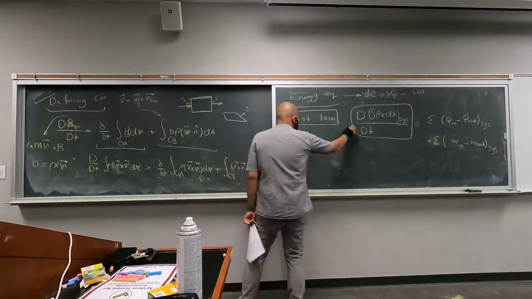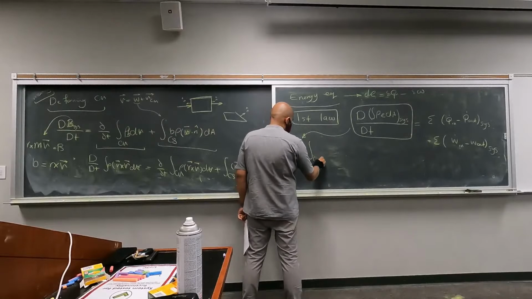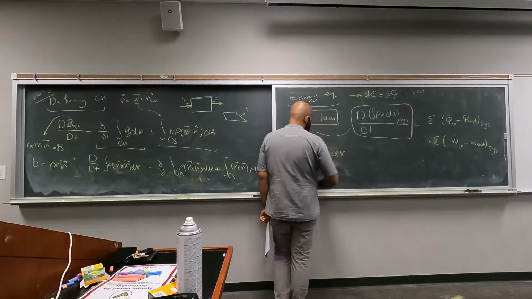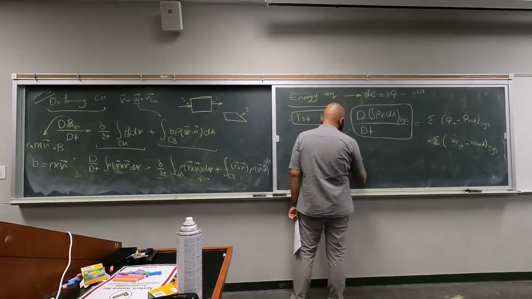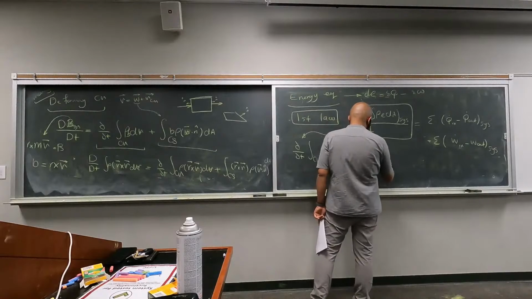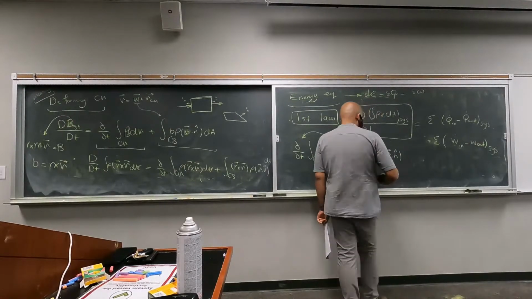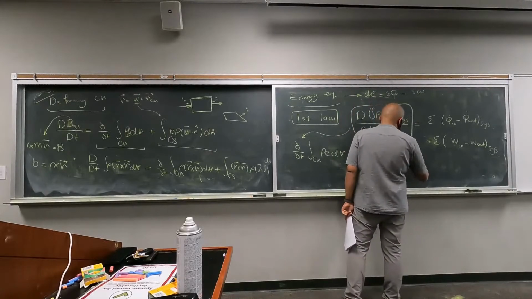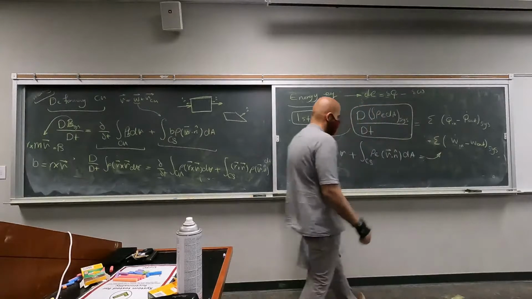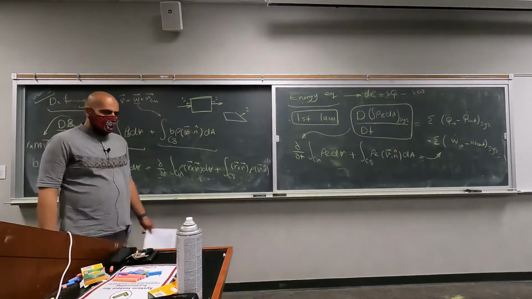So I'm just going to rewrite this here: partial t over the control volume of rho e dV, plus whatever is happening over the surface, rho e velocity normal to those surfaces, is equal to the right-hand side of this equation. This will be the general form of the energy equation for you.